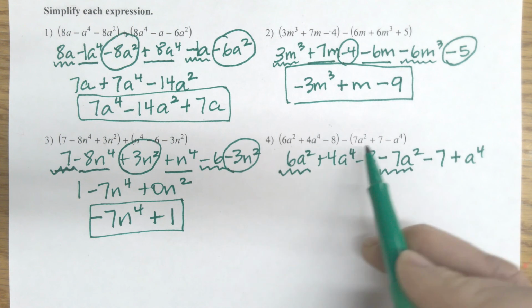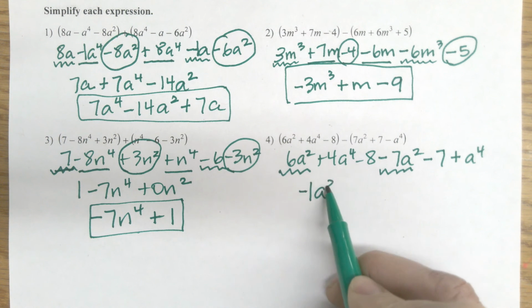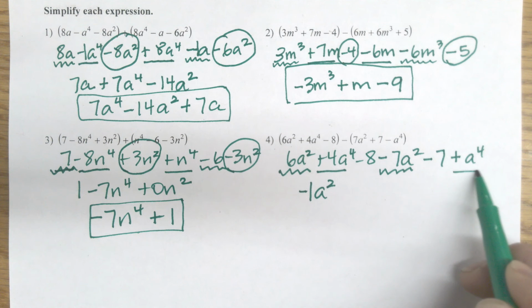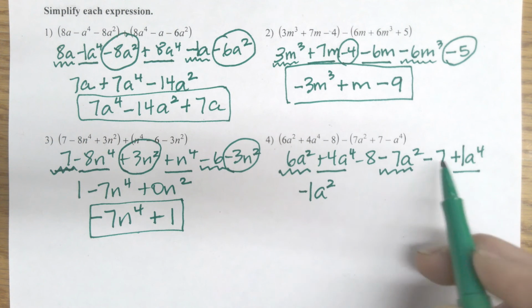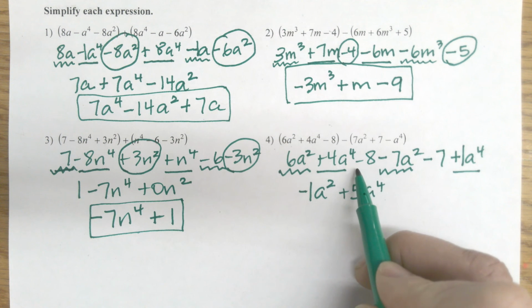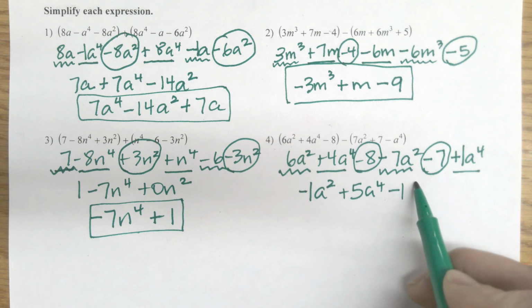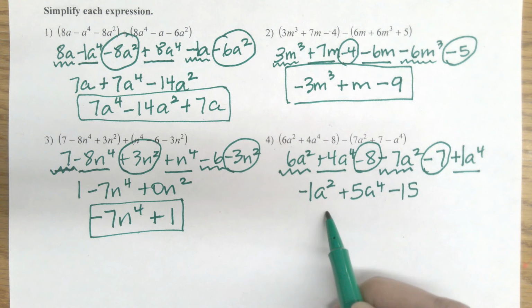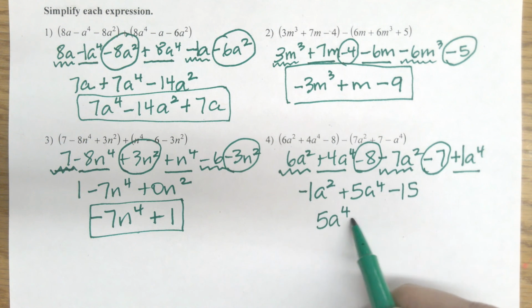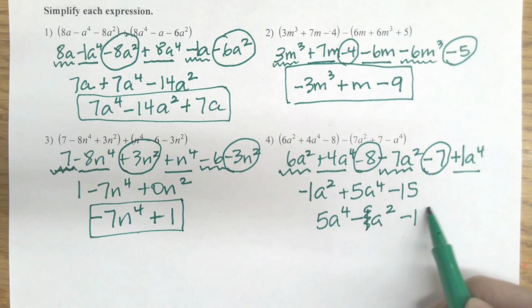So the squareds go together, the fourths go together. So this is negative 1a squared. Remember, that's a 1 in front of there if I don't see a number, plus 5a to the fourth, minus 8, minus 7. Use your calculator if you need to. And then put it in descending order. I don't need that one there. Minus 15, and final answer.